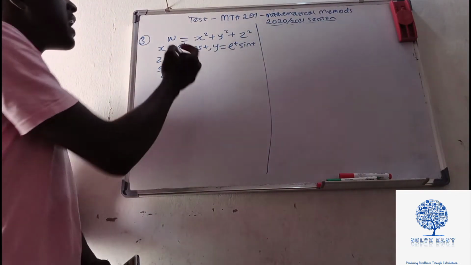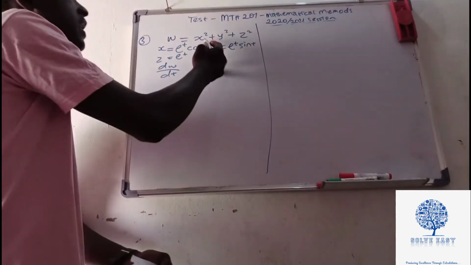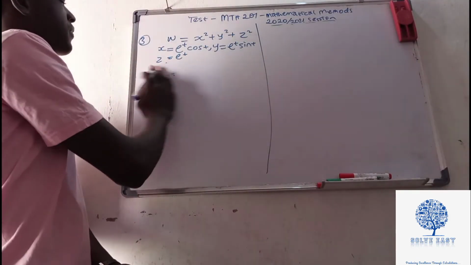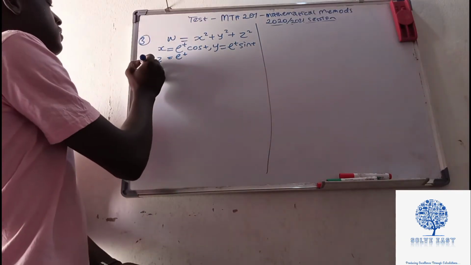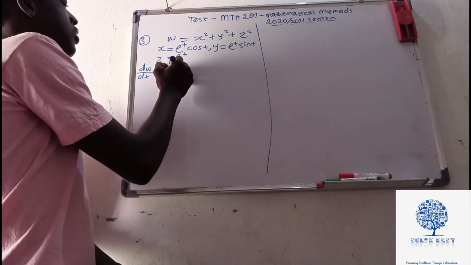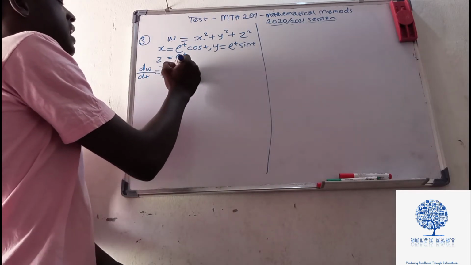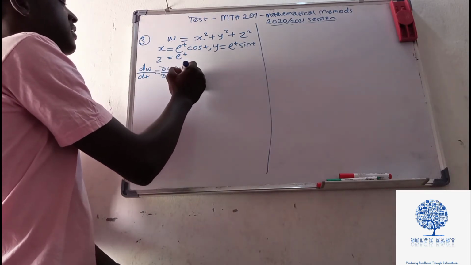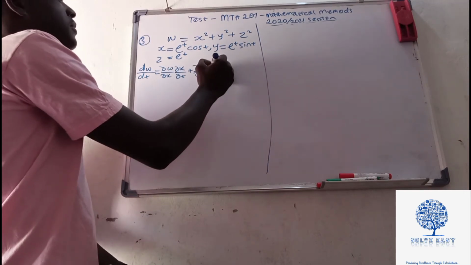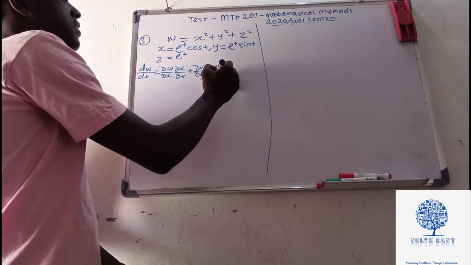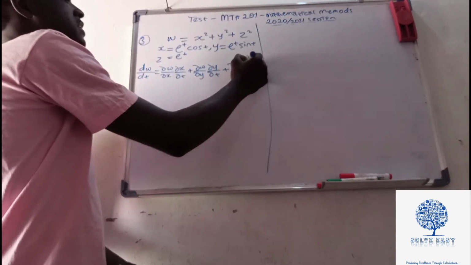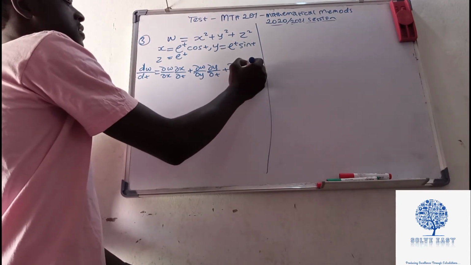Given that we already have w, which is a function of x, y, and z, the appropriate chain rule here would be dw/dt equals dw/dx times dx/dt plus dw/dy times dy/dt plus dw/dz times dz/dt.